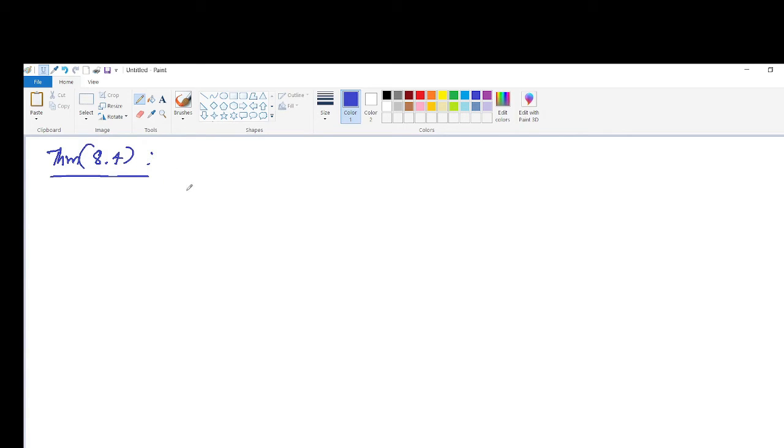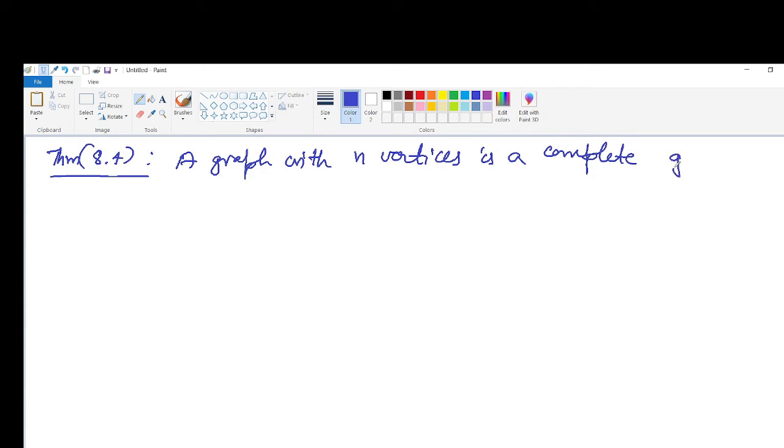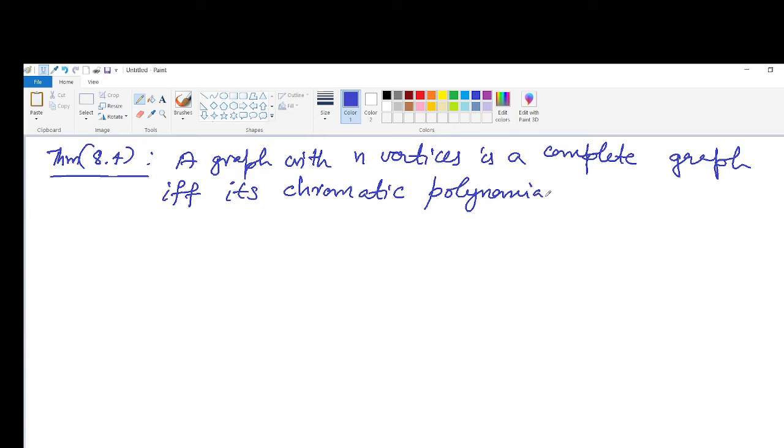Here the statement is: a graph with n vertices is a complete graph if and only if its chromatic polynomial is Pn of lambda equal to lambda into lambda minus 1 into etc. into lambda minus n plus 1.